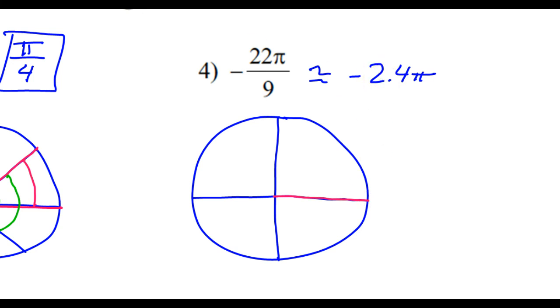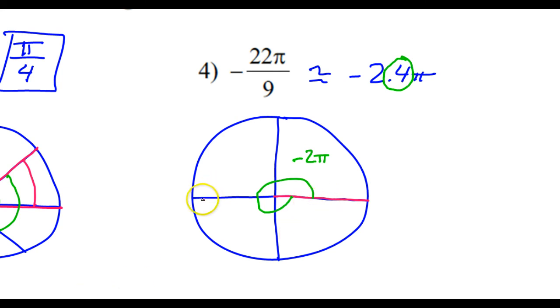Because I'm traveling in the negative direction, I'm going to be going clockwise. I'm looking for negative 2.4. Now negative 2 pi is a full revolution. So if I go like this and all the way back to here, so far I've gone negative 2 pi. Now I need to go another 0.4 pi before I am finished.